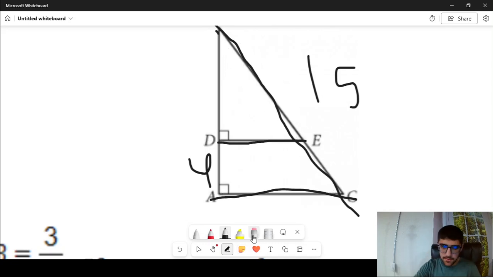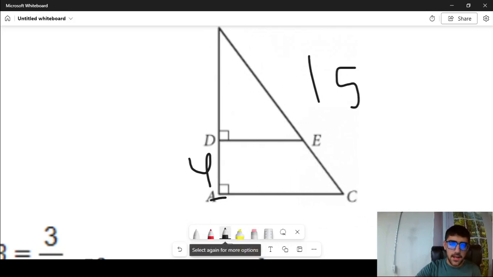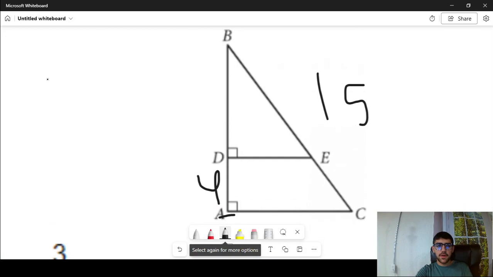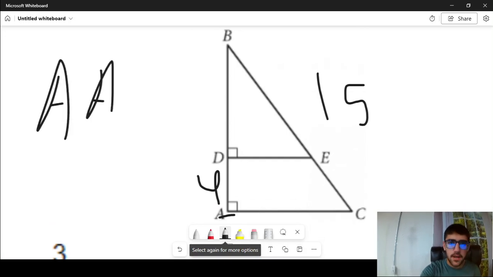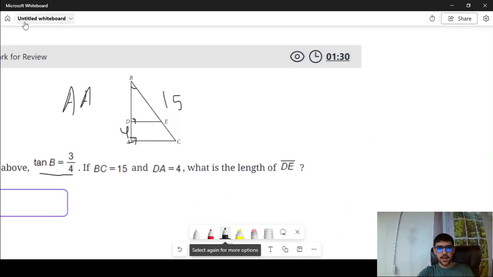My bad, never mind. You actually don't need to do any of what I just said. Basically, you just do it through angle similarity. Both of them share angle B, and both of them have a right angle. That is angle similarity, which means the triangles are similar.